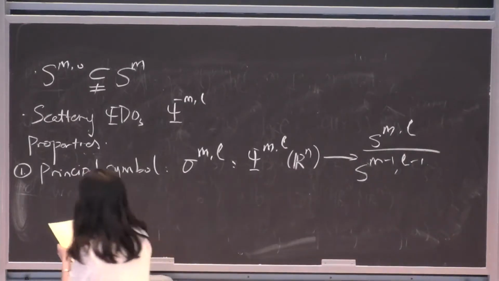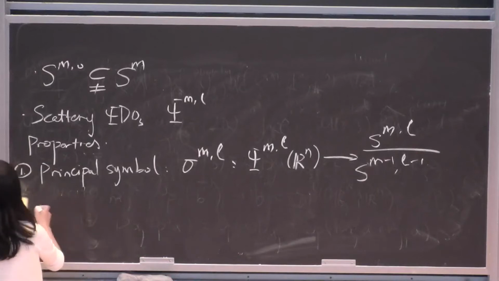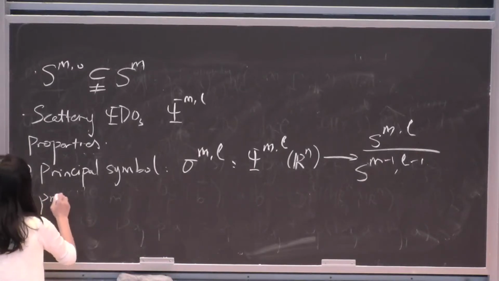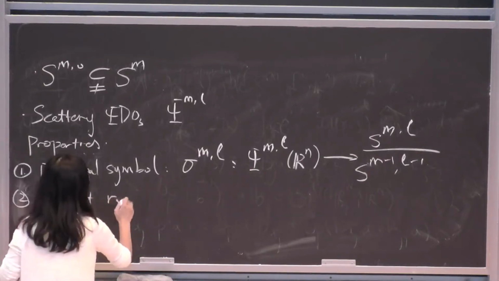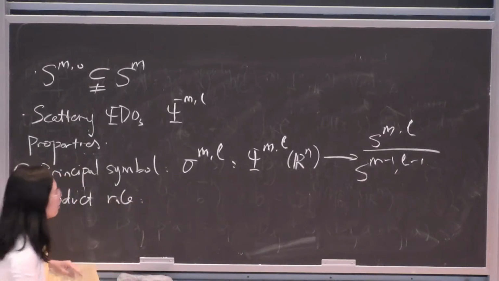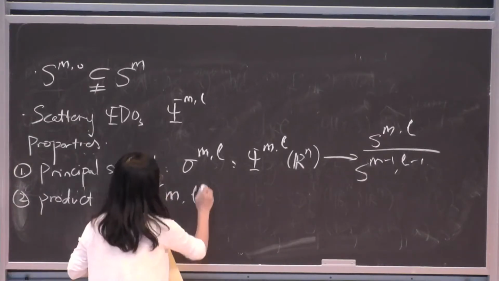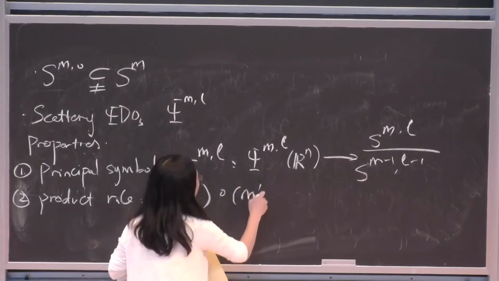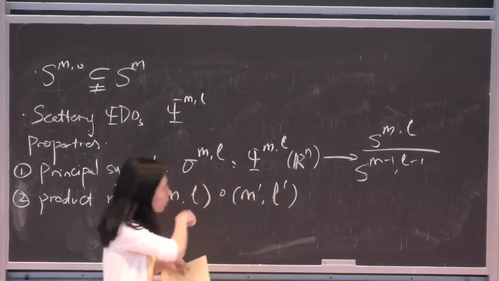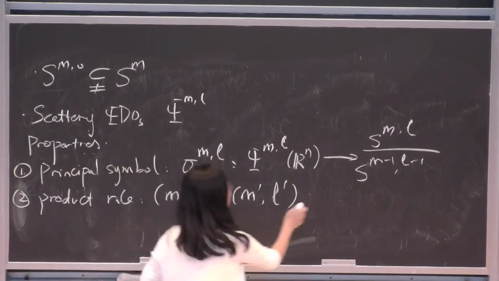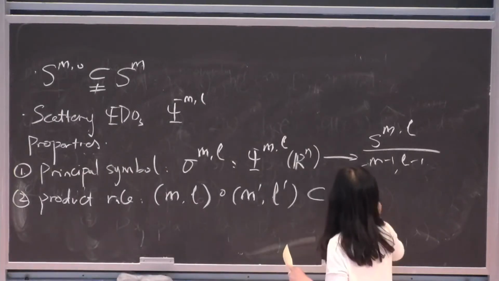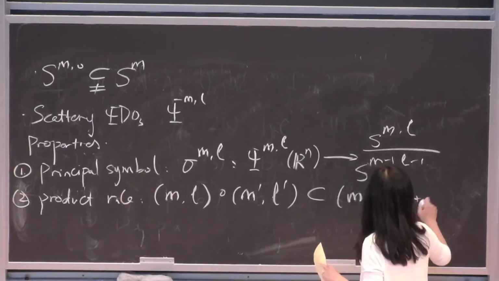The second thing is, we again have the product rule. I'm not going to write out the whole thing, but basically this says that if you compose two pseudo-differential operators with two different orders, you just add the two numbers.